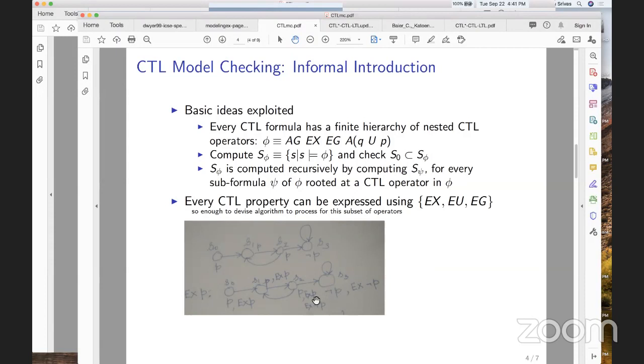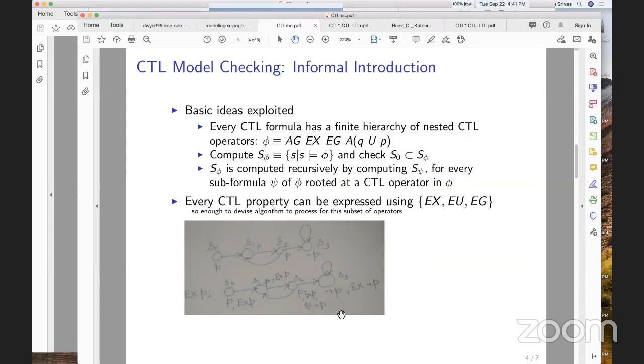In this case, there's only one step. In general, EX of P will require only one iteration over the transition graph. S3 itself is a predecessor, therefore EX of not of P is true there. And S2 also happens to be another predecessor of S3, and therefore EX of not of P is true in S2.